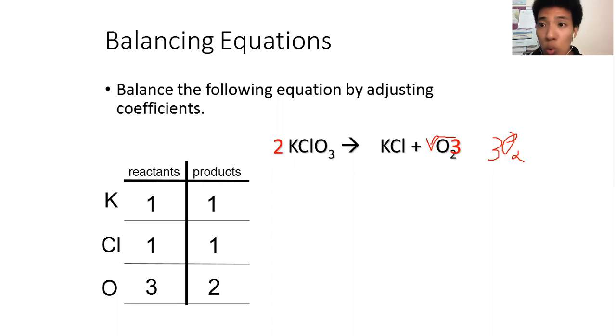We will multiply all of the parts of the equation, so for 2KClO3 we will obtain 2 for the potassium, another 2 for the chlorine, and for the oxygen, 2 times 3, which is 6. And for the other side, we will obtain 3O2. So that is 3 multiplied by 2, that is 6 for the oxygen atoms.